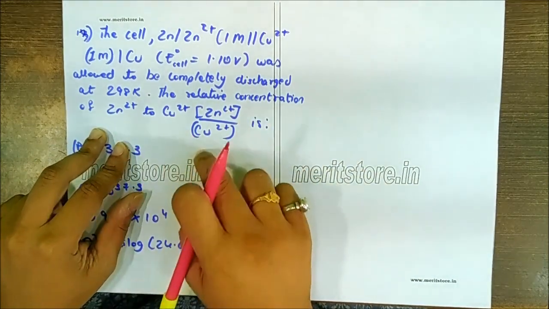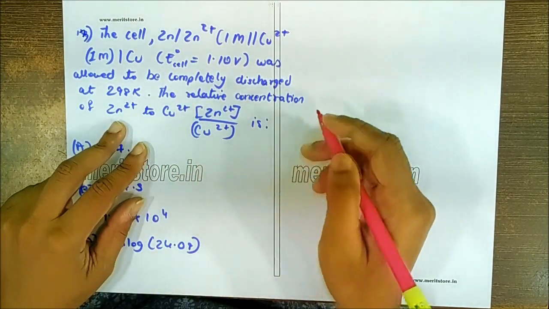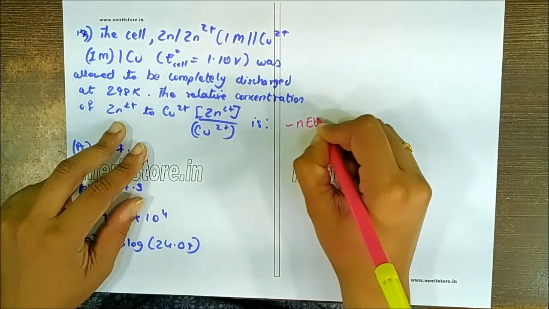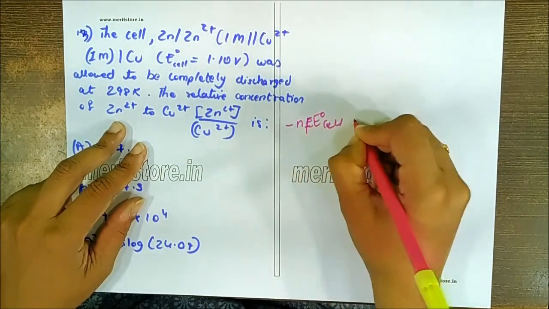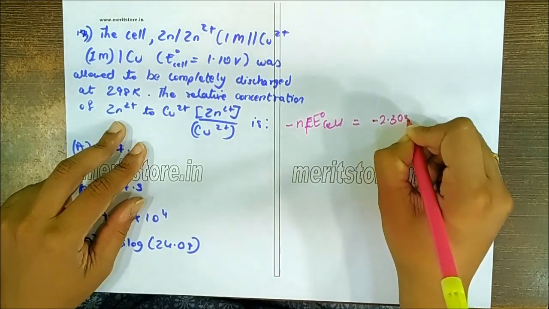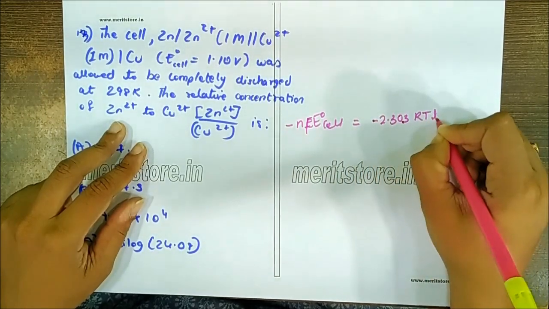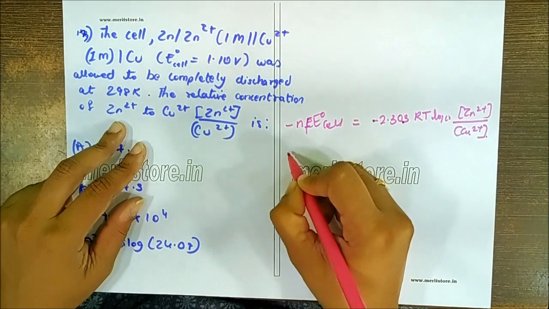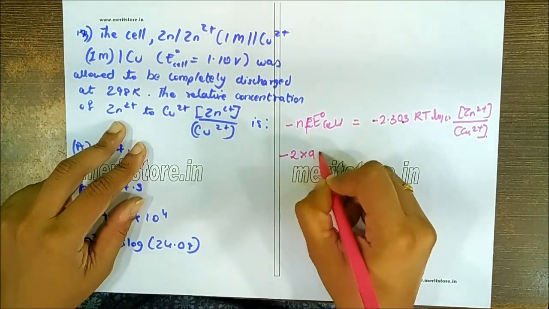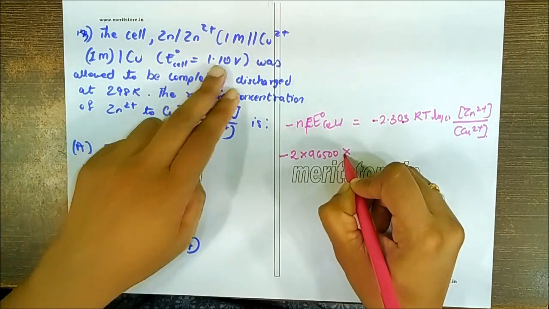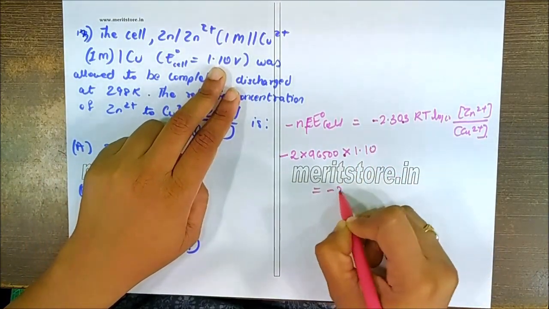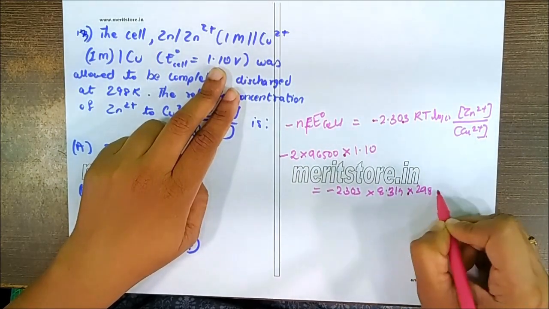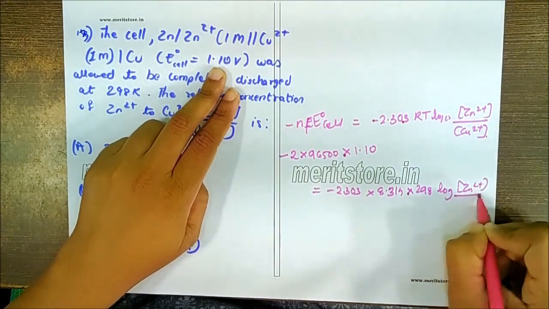We have to find the relative concentration of Zn2+ to Cu2+. So we have the formula: -nFE0 cell = -2.303 RT log10 [Zn2+]/[Cu2+]. Here n is 2, Faraday is 96,500, and E0 cell is given as 1.10. That equals -2.303 into 8.314 into 298 log10 [Zn2+]/[Cu2+].